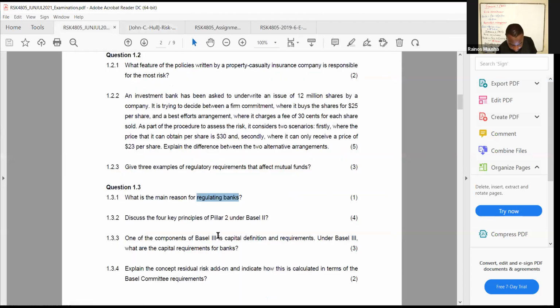On the next question, they say one of the components of Basel III is capital definition and requirements under Basel III. What are the capital requirements for banks?